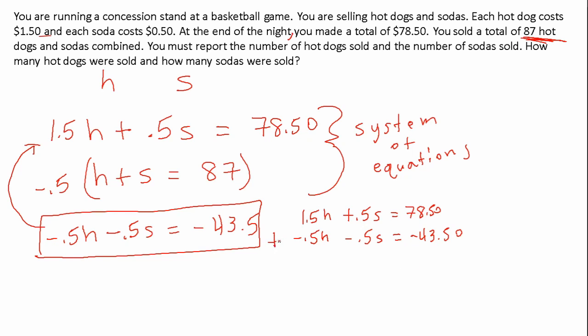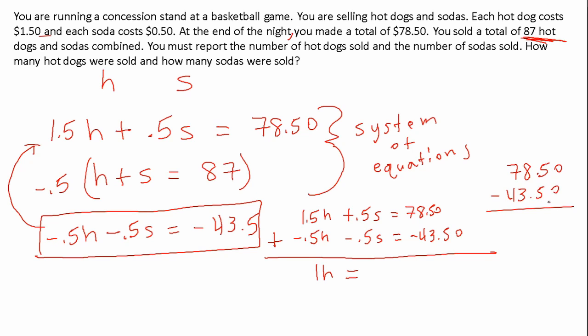Okay, let's add these equations. 1.5 plus negative 0.5 is going to just be 1H. 0.5 minus 0.5 is nothing, so we're left with H equals 78.50 minus 43.50. 50 cents minus 50 cents is 0, so all we need is 8 minus 3, which is 5, and 7 minus 4 is 3.